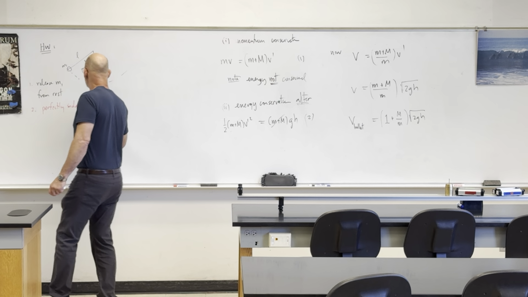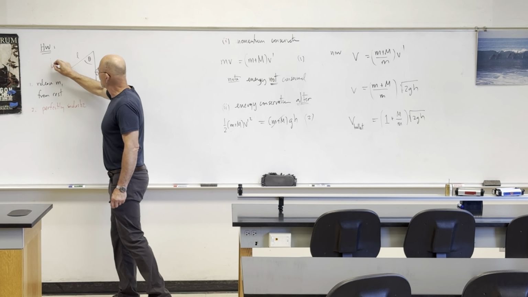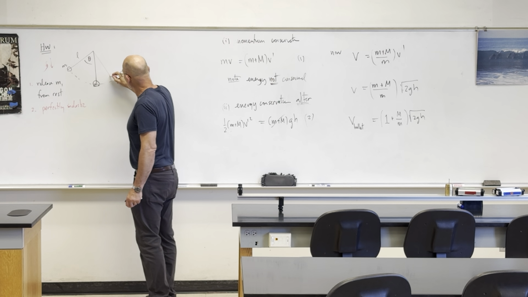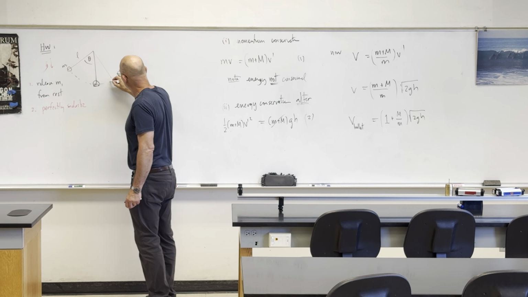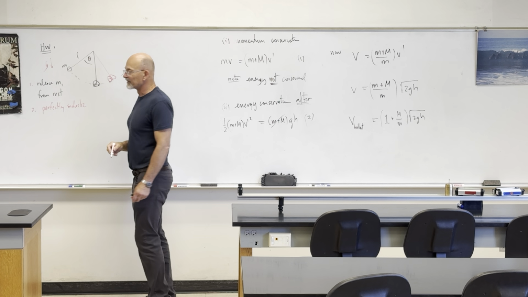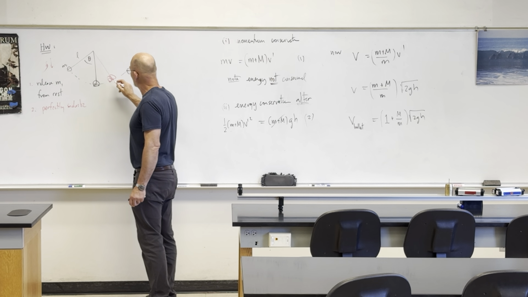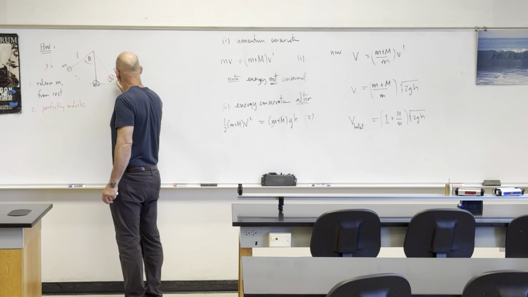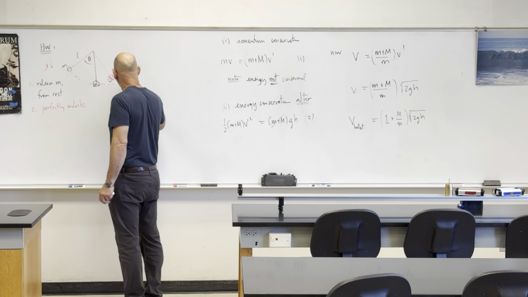Elastic, and then, of course, there's gravity. And then what's going to happen is they're going to come up to some height, and they will be welded together now, okay? So they're 1 and 2. And it's probably just as well to just ask for the height.